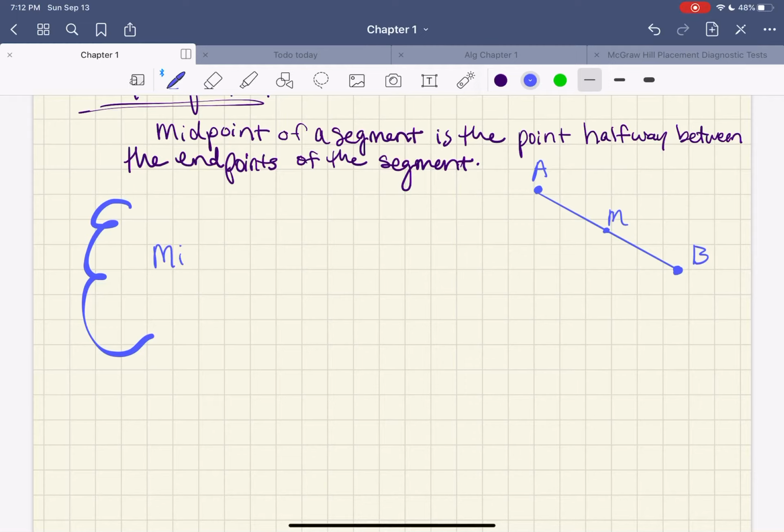The midpoint is going to be x1 plus x2 over 2, then y1 plus y2 over 2.